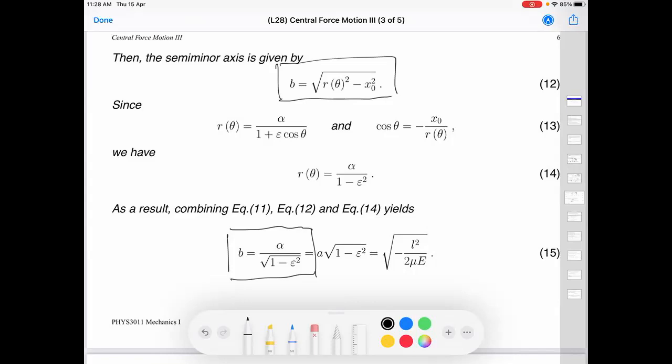If we rewrite this in terms of A, the semi-major axis, then we have this. Okay, substituting the definition of the semi-major axis. Then we further simplify it. We realize that the semi-minor axis actually depends on the angular momentum and also the total energy. The semi-major axis depends on the force constant and also the total energy.